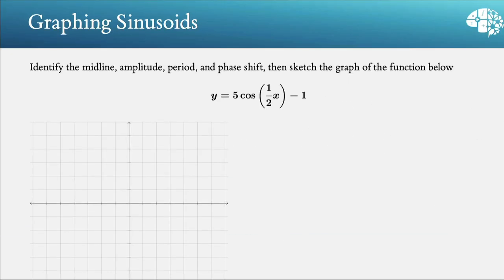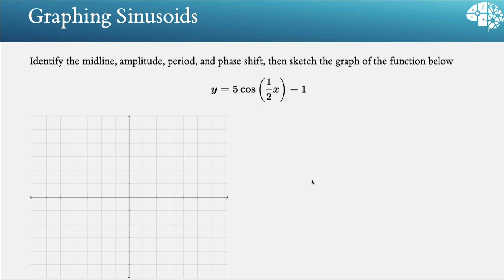Let's do another one. We've got another cosine here. Okay, so we're going to go through and do that same process. So we start by finding our 4 things. So midline is always y equals the number added or subtracted, so that's -1. The amplitude is the absolute value of the number in front of the cosine.